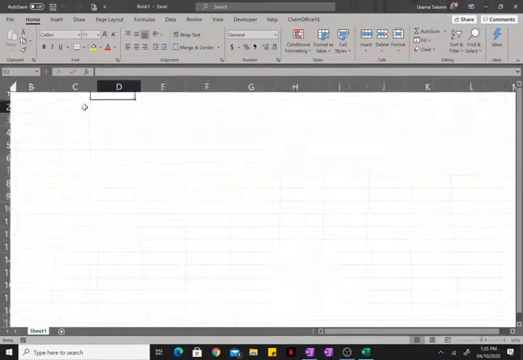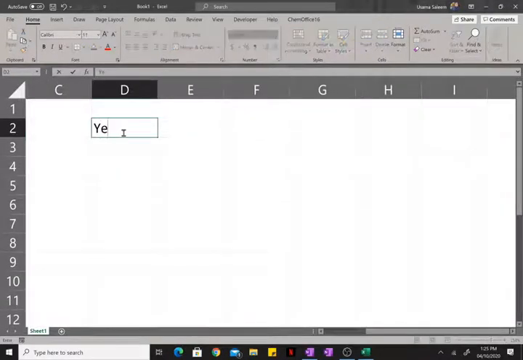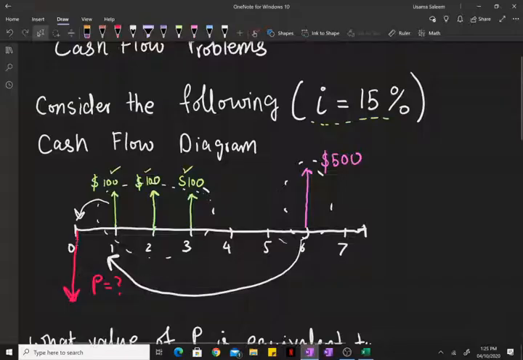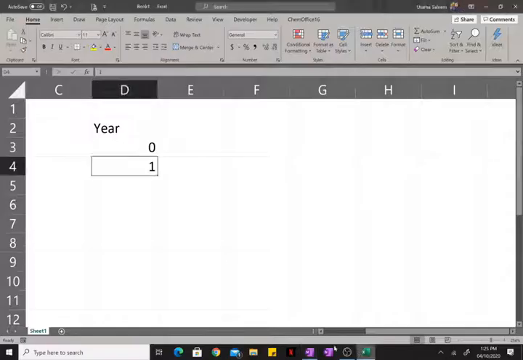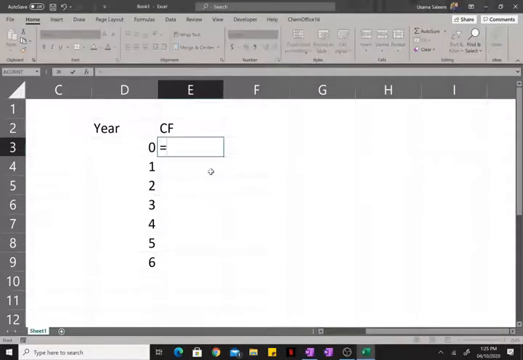Okay, we're in. So my year goes from year 0, year 1, and the problem is going from, yeah, I think 6 years should be enough. So we'll just track this down to 6 years. Okay, and we have our cash flows. At year 0, we're making a negative payment, and we're looking for that value.